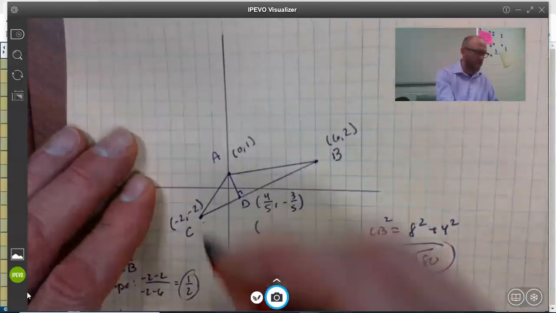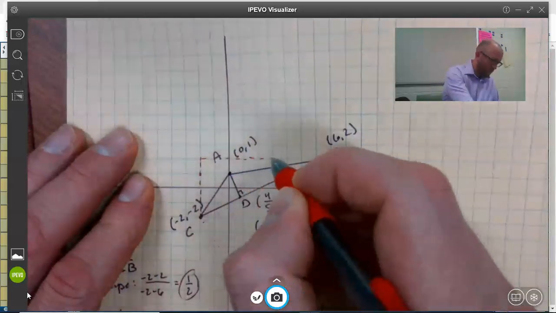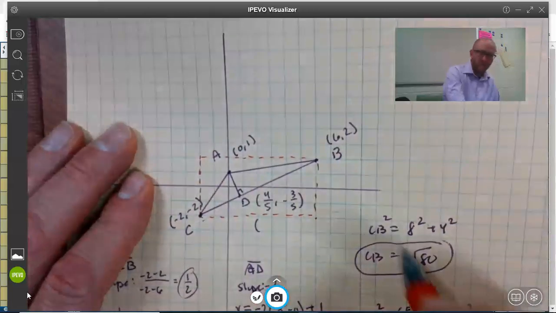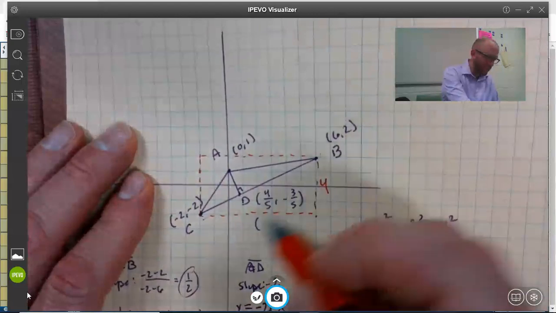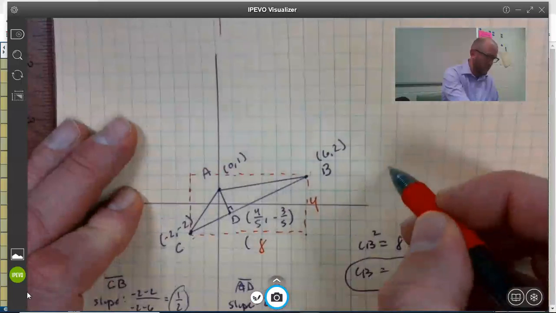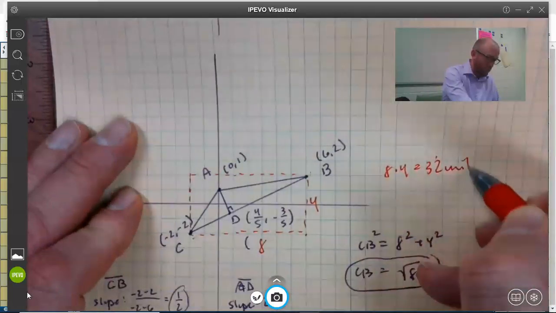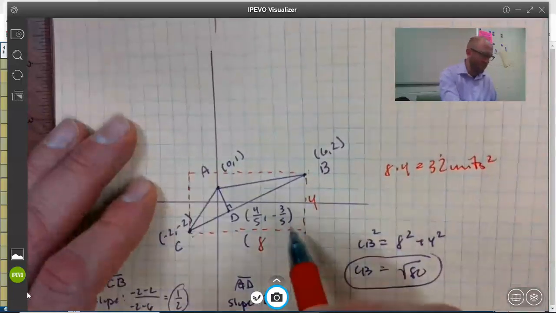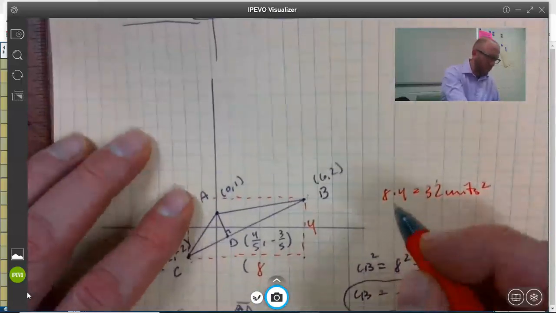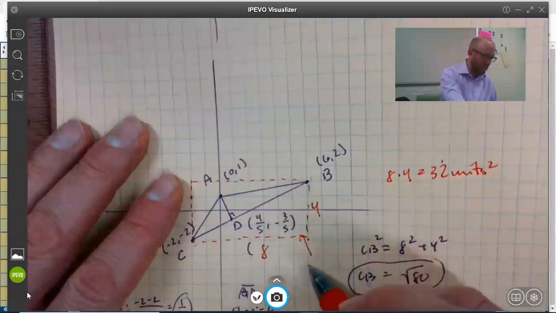Okay. The easy way would be to do this. I'm just going to turn this triangle into a rectangle. 1, 2, 3, 4. 1, 2, 3, 4, 5, 6, 7, 8. And 8 by 4 is 32 units squared. Here we have a triangle down here that's 8 by 4, so 8 times 4 is 32, divided by 2 is 16.